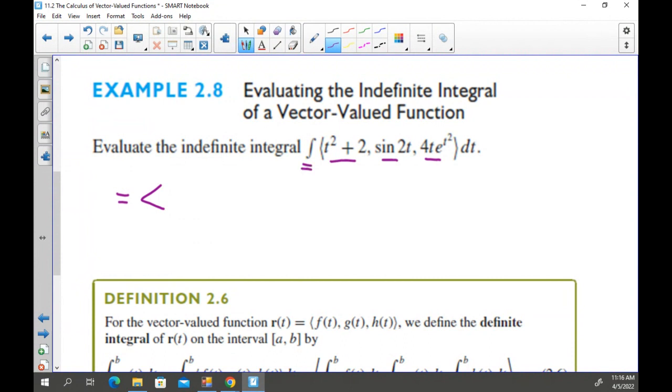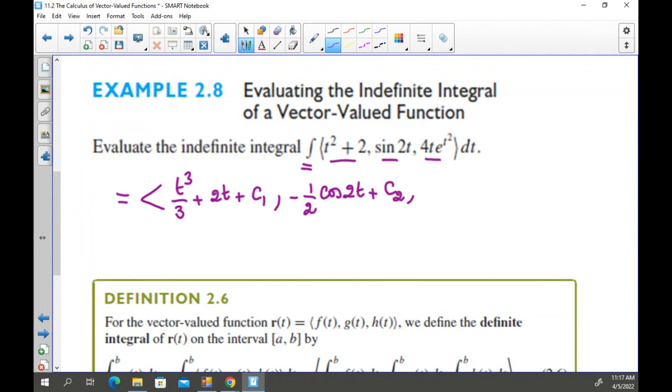So what is the integral of t squared? t cubed over 3 plus 2t plus a constant, let me call it c1. And then the sine of 2t is going to be minus half of cosine 2t plus another constant, which we can call c2.